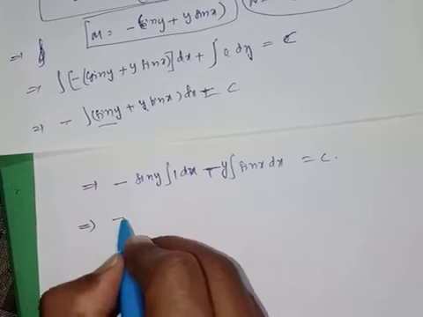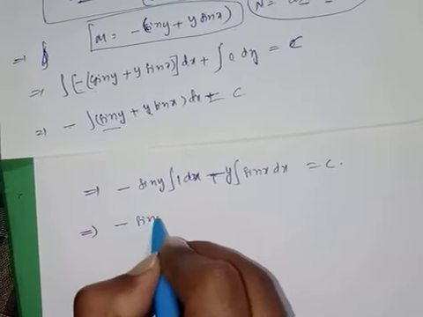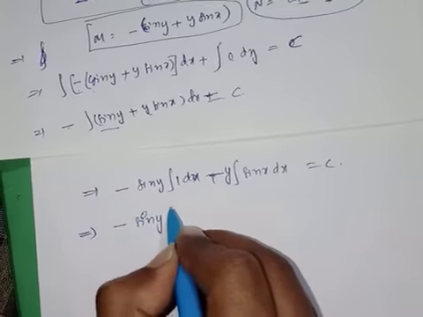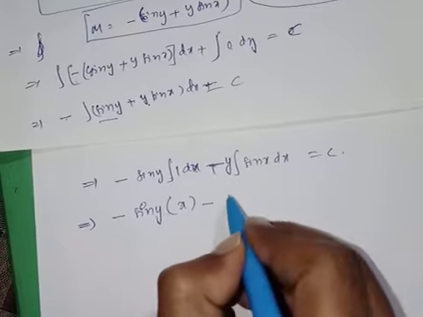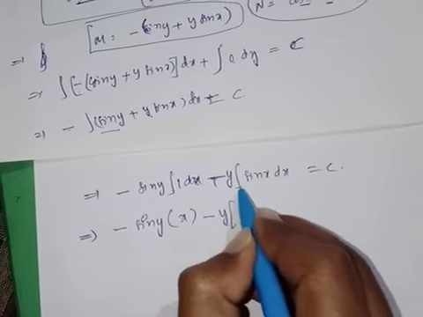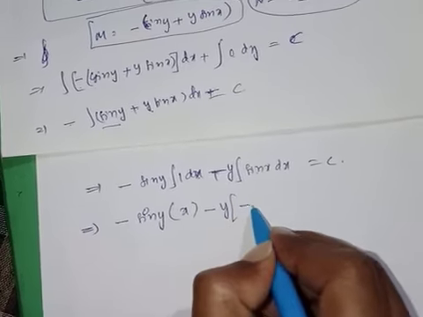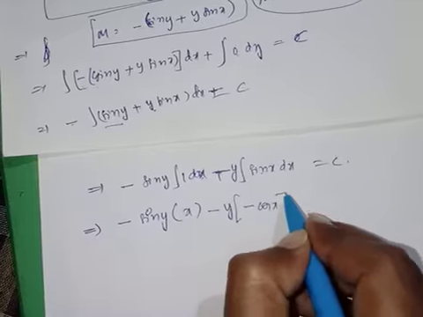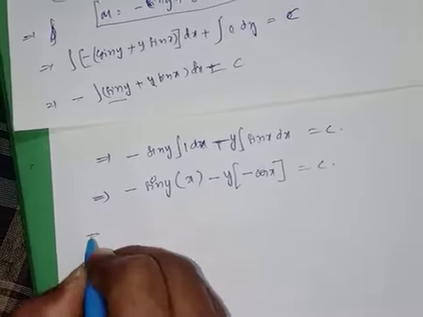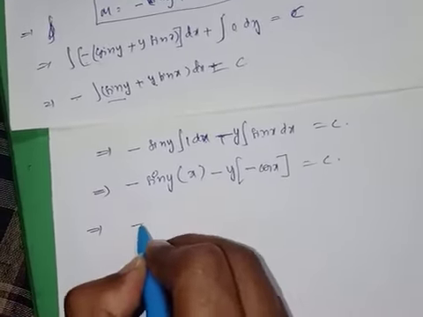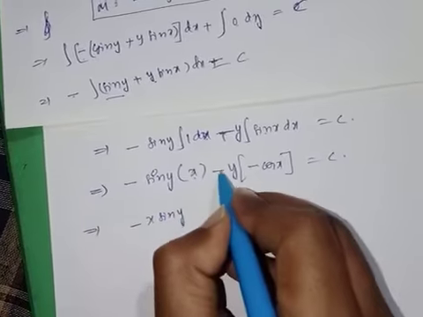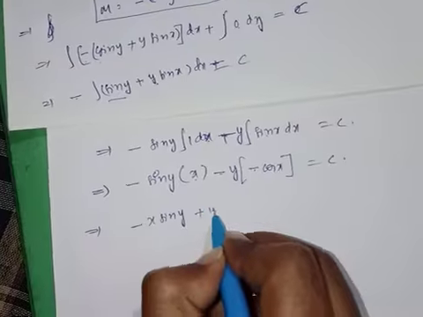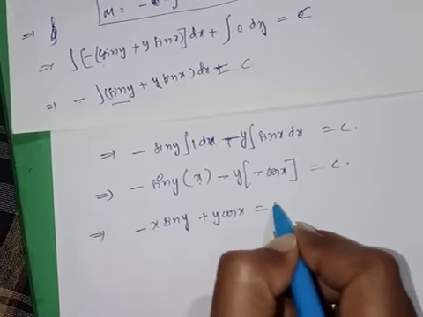That is negative sin y into integral of 1 dx, which is x, minus y into integral of sin x dx, which is negative cos x, equal to c. This is negative x sin y, minus into minus, plus y cos x is equal to c.